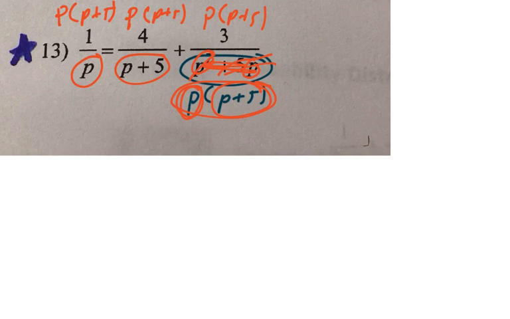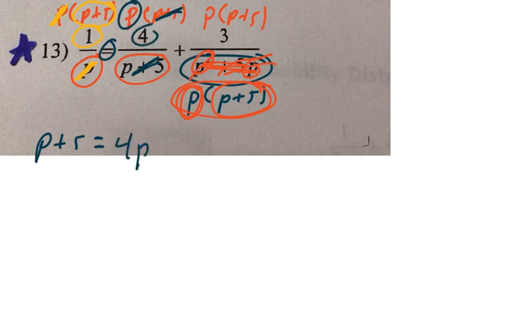So let's see what happens. The p cancels out with the p. I have p plus 5 times 1, which is p plus 5, equals. Here, the p plus 5s cancel. I have p times 4, which is 4p. Over here, the p and the p plus 5s both cancel.